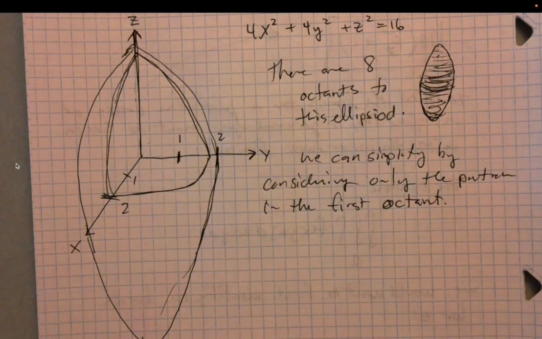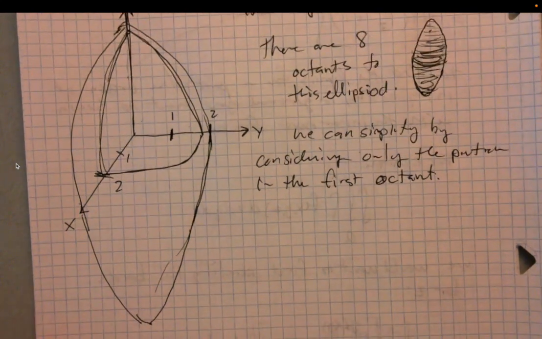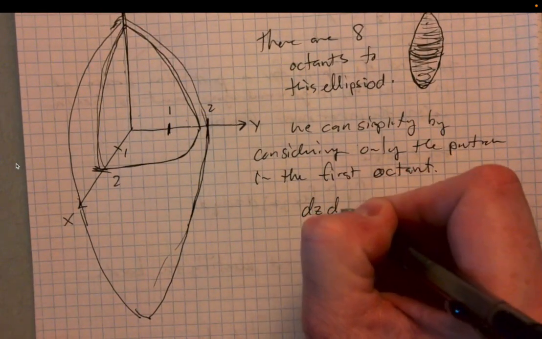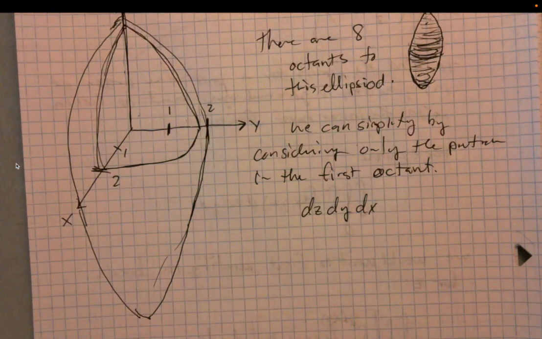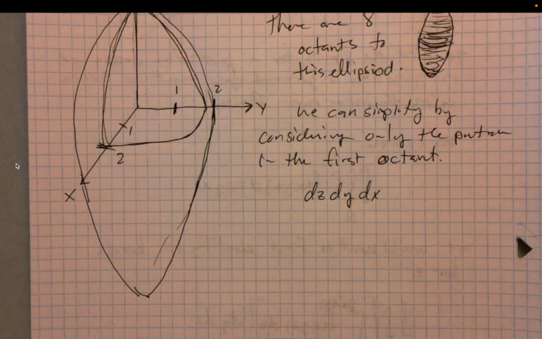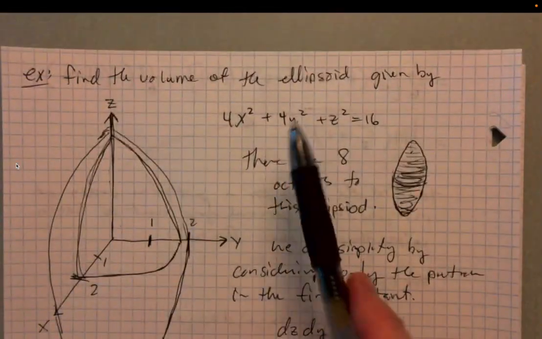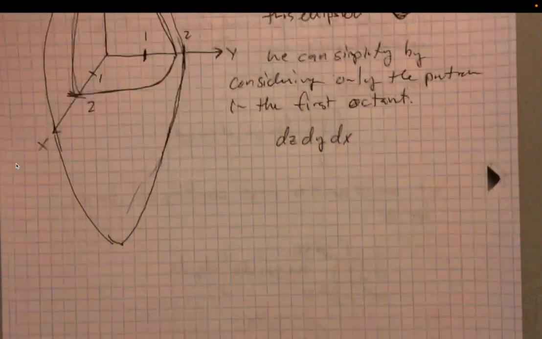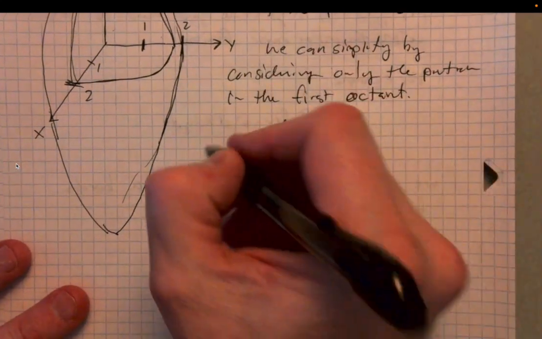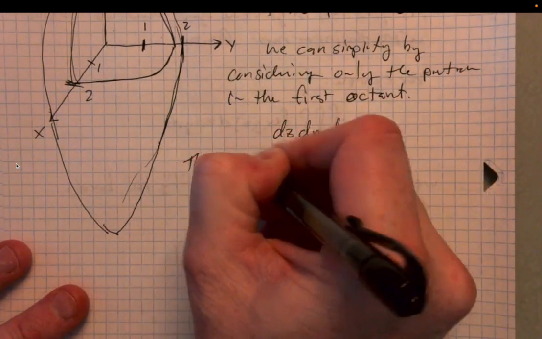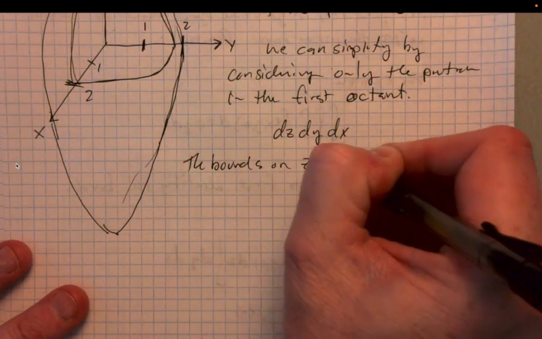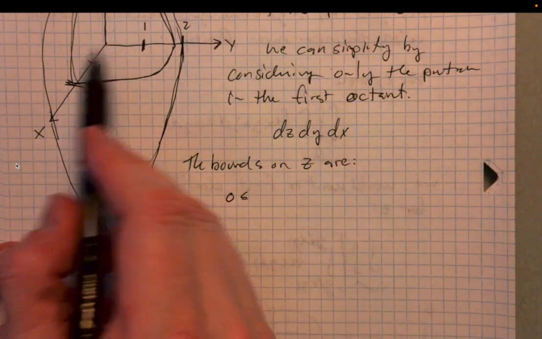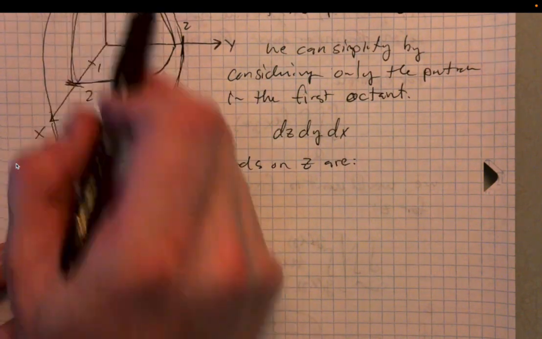We'll assume we're going with a dz, dy, dx order. So we'll start by identifying the bounds on z, which can be done by looking at the expression and solving for z. For this octant, z is going to vary between 0 and whatever this line is.